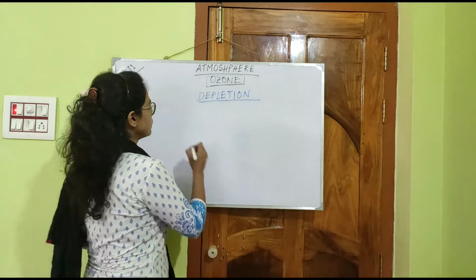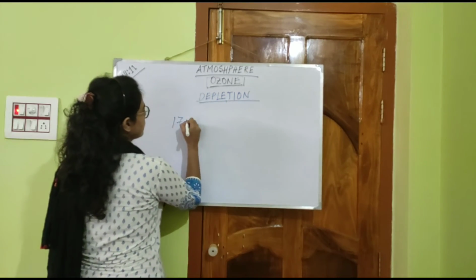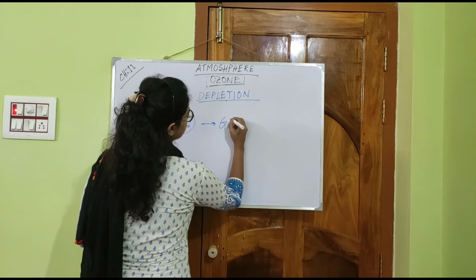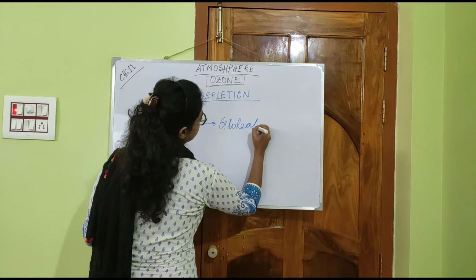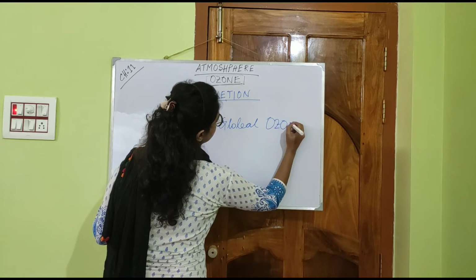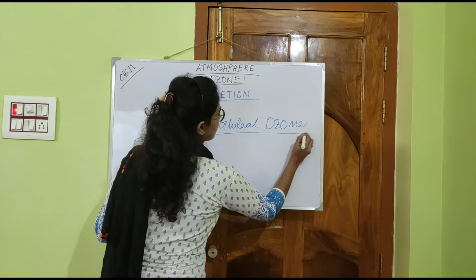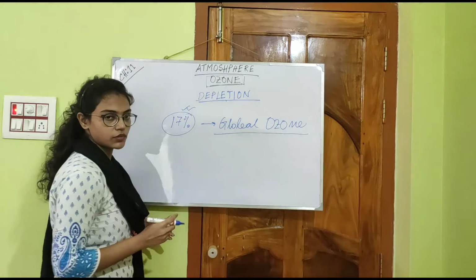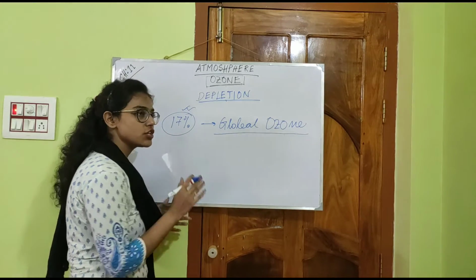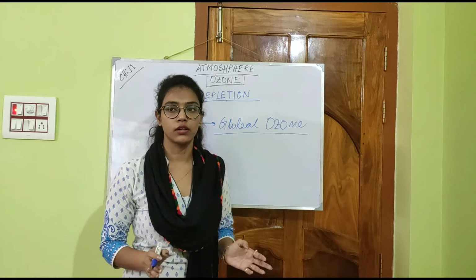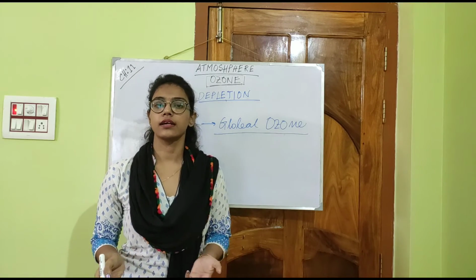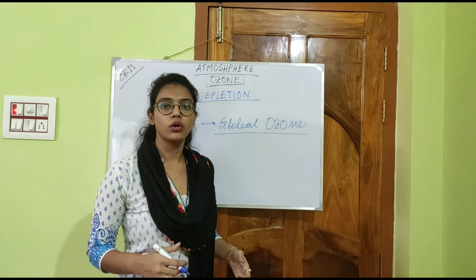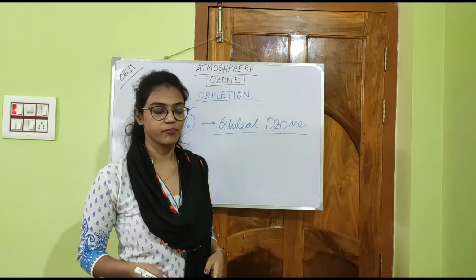All over the world, 17% of global ozone is destroyed. And each and every year at the South Pole and North Pole, that is in the Antarctic and the Arctic, an ozone hole is continuously forming.